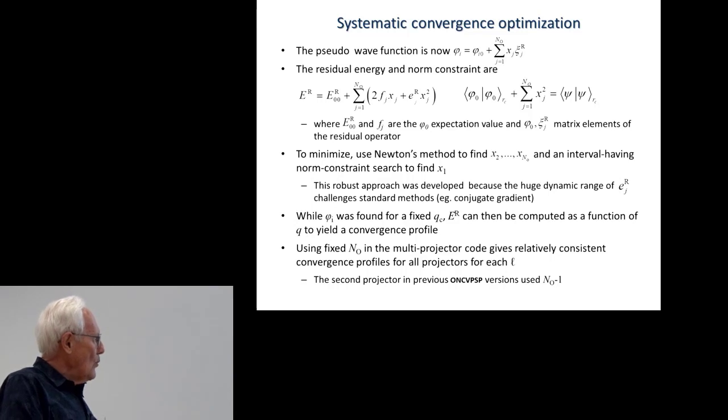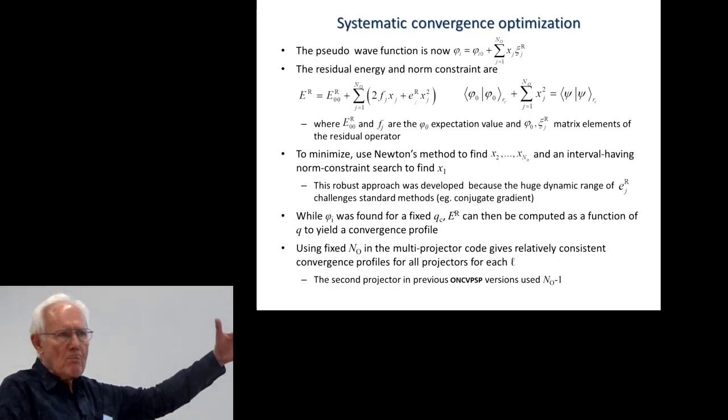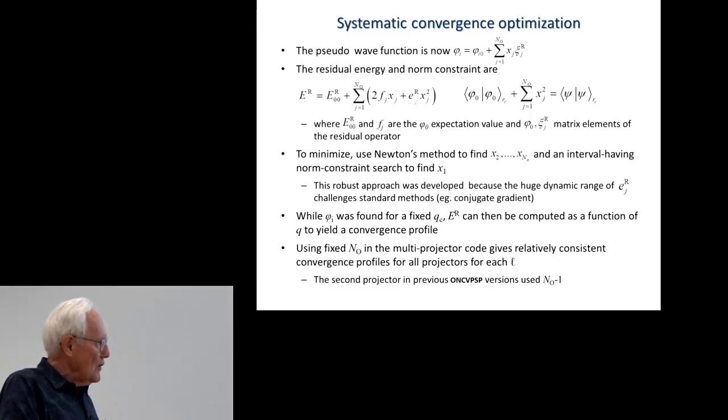So one thing that is different in this extension to multi-projectors is that in the earlier version of this routine, math was made somewhat simpler by just using one fewer optimization term for the second projector, but keeping that consistent gives reasonably consistent convergence profiles for all our projectors over the whole energy range.